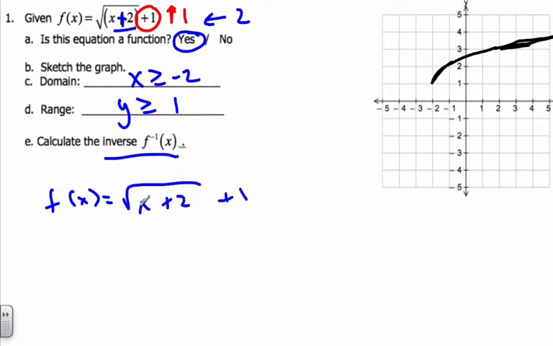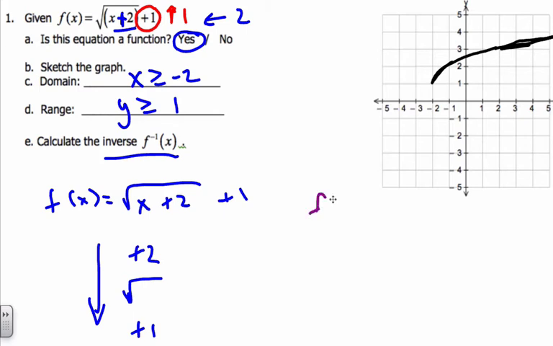Imagine the first thing I do to x, if I think about order of operations, is add 2 to it. Once I've added 2, then I square root the value. Once it's been square rooted, then I add 1 to it. And this is the direction of f of x.